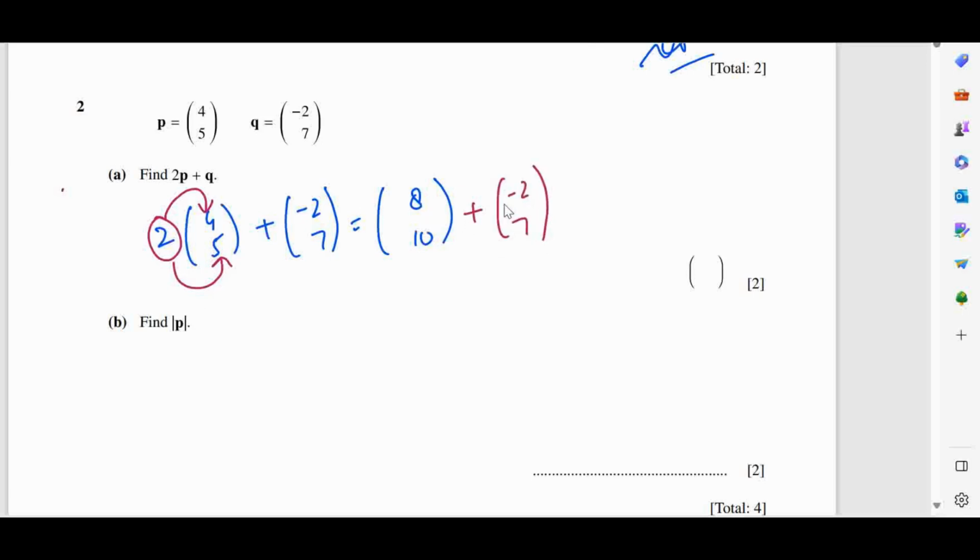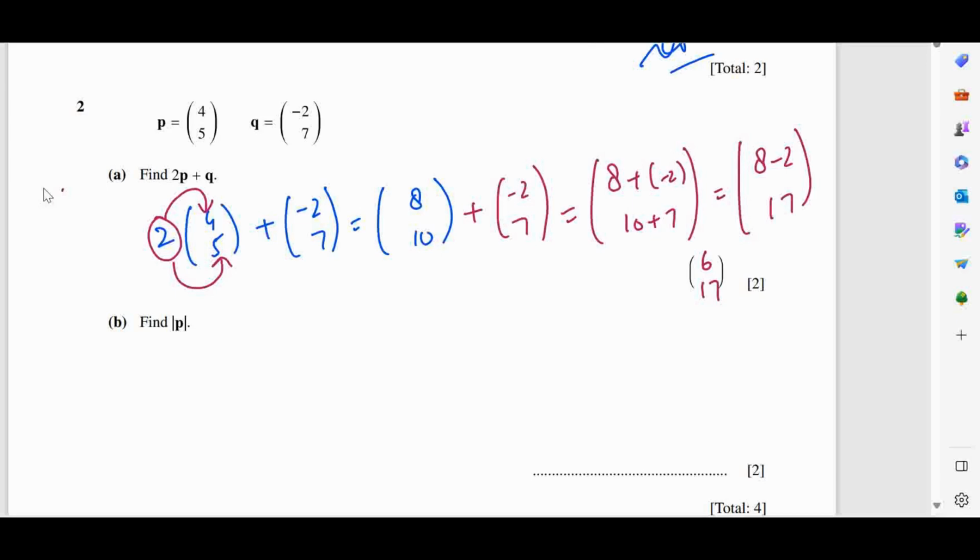Now this will become 8 plus minus 2 and then 10 plus 7. So this will be 8 minus 2 and 17. So finally 6 and 17 will be the final answer.